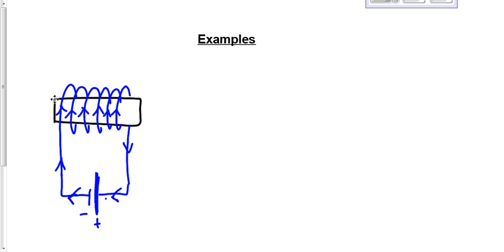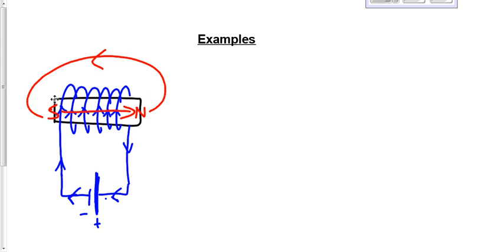Does that make sense? So I'm going to say the magnetic field here is to the right. That means this would be south, because the magnetic field inside points from north to south. That would be the polarity of that electromagnet. You could extend those lines around to draw the magnetic field outside of the solenoid, although it's not usually necessary. Usually we're looking for just the inside, from south to north.